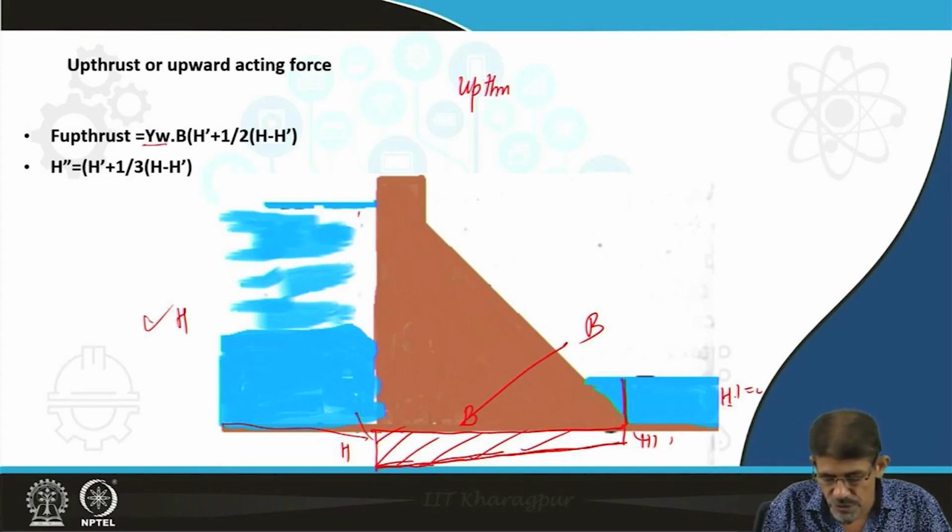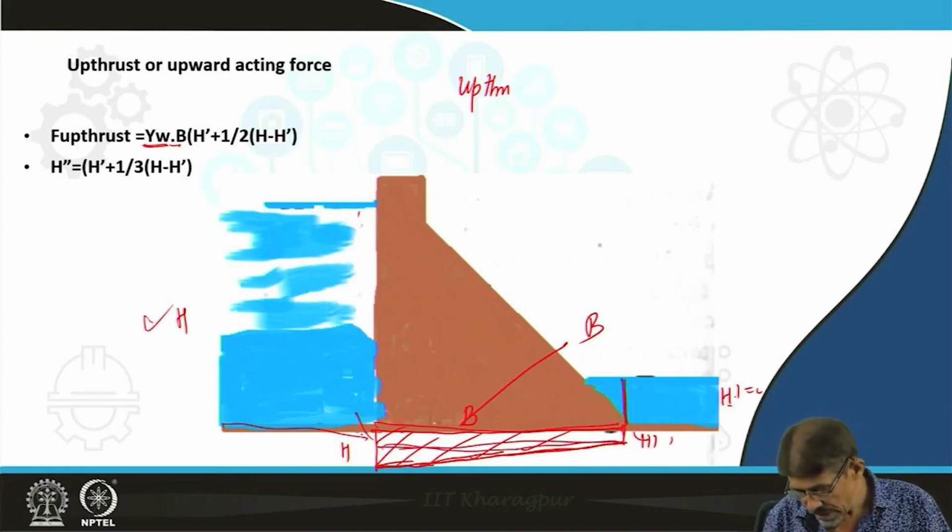Upthrust is the unit weight of water multiplied by the width of the dam into this area, H dash, and the rest is H minus H dash.